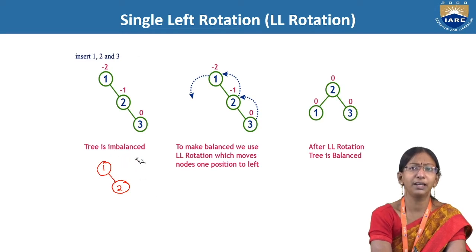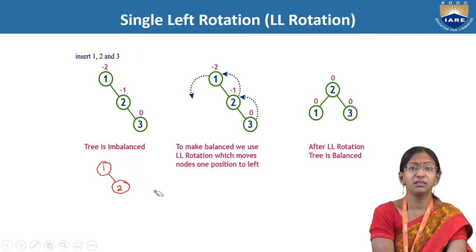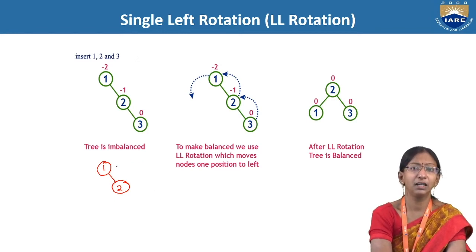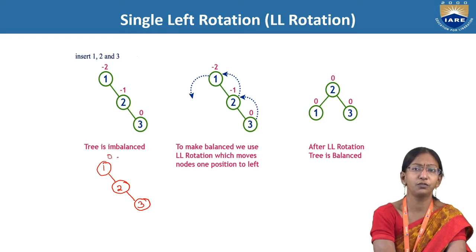Next, let me insert 3 now. As it is greater than 1, it is going to go in the right direction. As it is greater than 2, it is going to sit as the right child of 2. Again, let's calculate the balance factors. The left height of 1 is 0, as 1 has no left child.